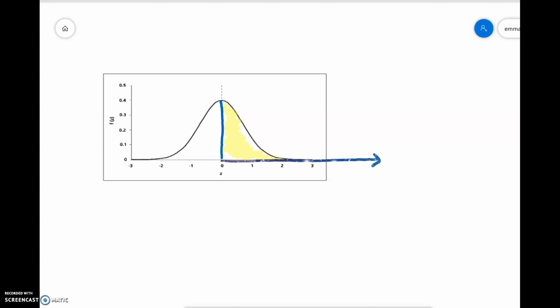So that means the z-score equal to 0 is our mean or the median, which is the center point. That means I have 50% shaded, or I shaded half of the graph, so I have 50% as the probability, as the area.